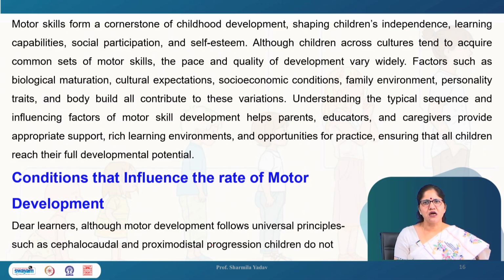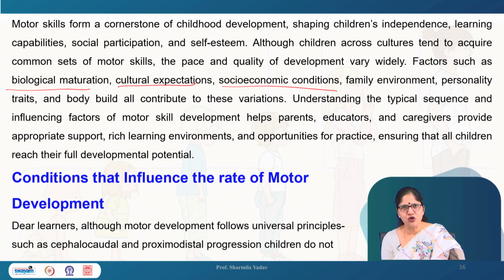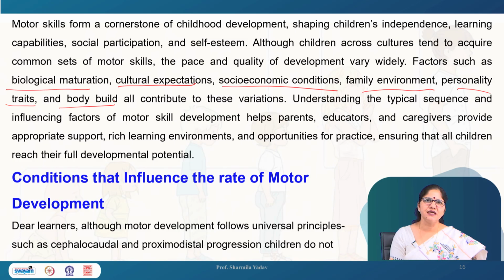Although children across cultures tend to acquire common sets of motor skills, the pace and quality of development varies widely. Factors such as biological maturation, cultural expectations, socio-economic conditions, family environment, personality trait of that particular child, body build of the individual child, all contribute to these variations.